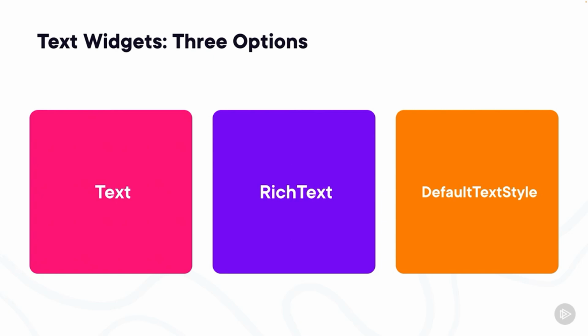Each of these options gives you flexibility in how you present textual information in your application. The text and rich text are the 2 more important widgets. Let's quickly see how you can use them before seeing a demo.